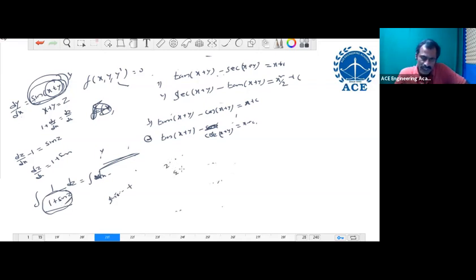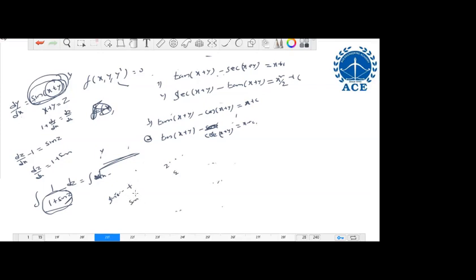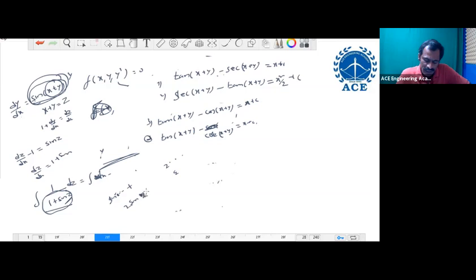So write sine square z by 2 plus cos square z by 2 plus 2 sine z by 2 cos z by 2, and in place of 1 we write sine square z by 2 plus cos square z by 2. Then we can add using the a plus b whole square formula.